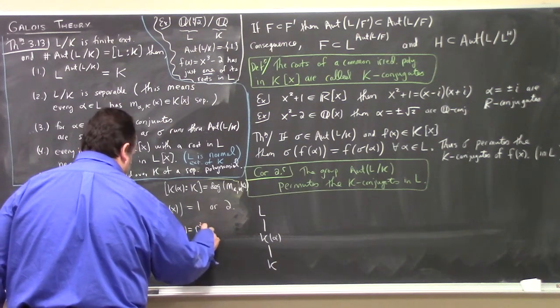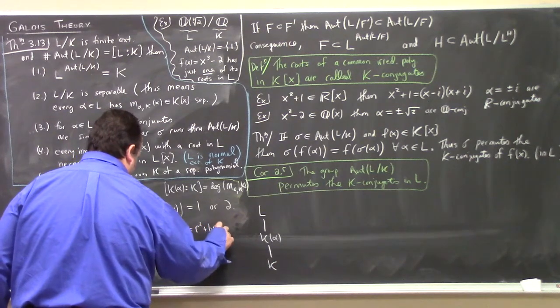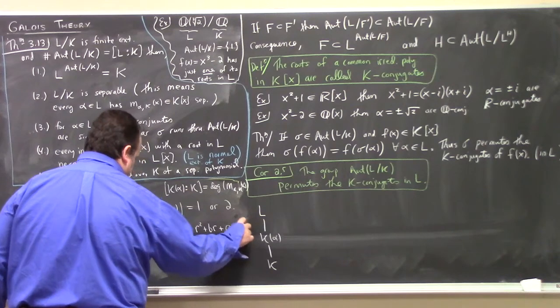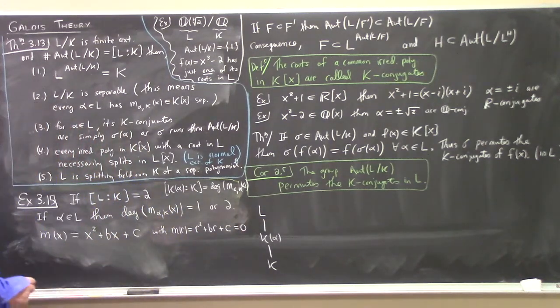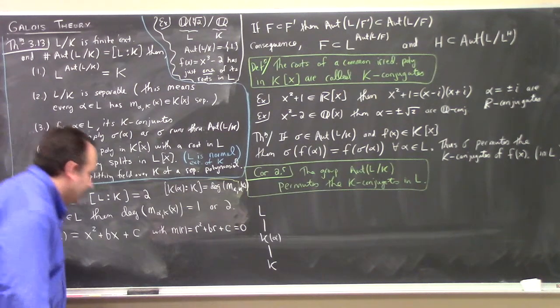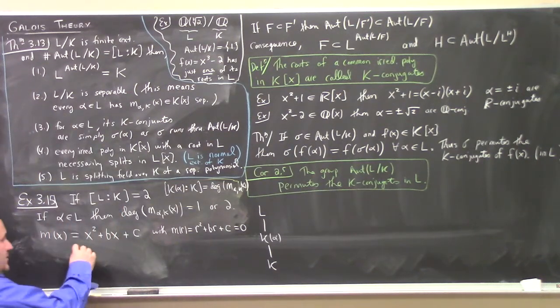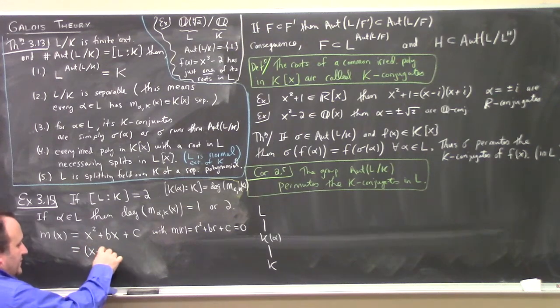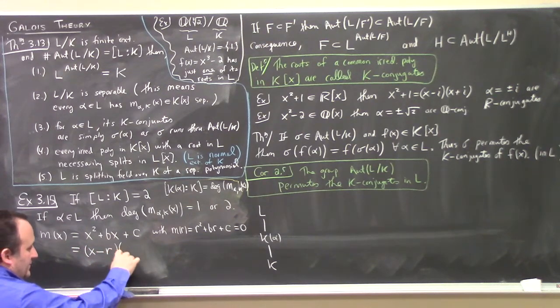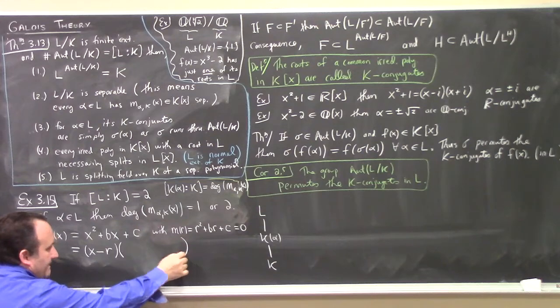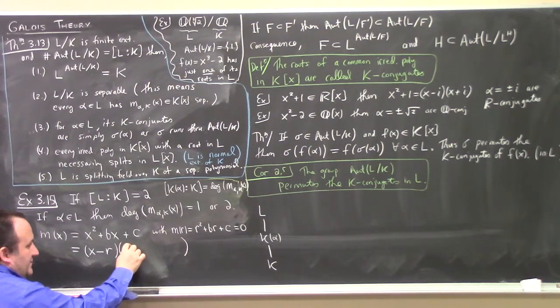So r squared plus br plus c gives us 0. So how can you factor? Definitely got an x minus r. Very good. The factor theorem gives us that much. So we definitely have an x minus something.